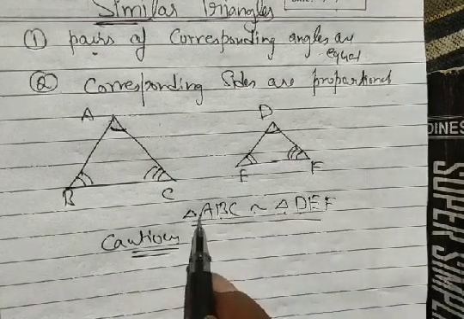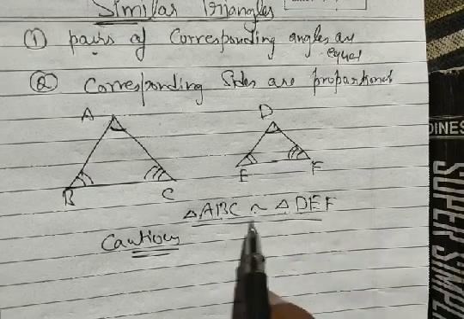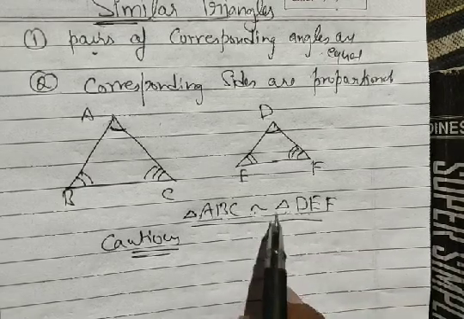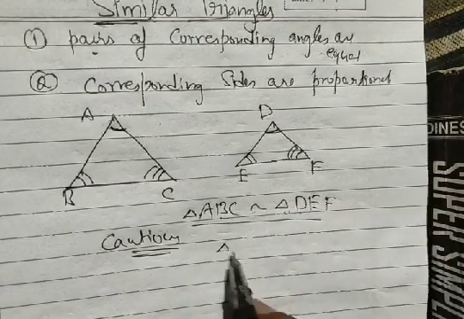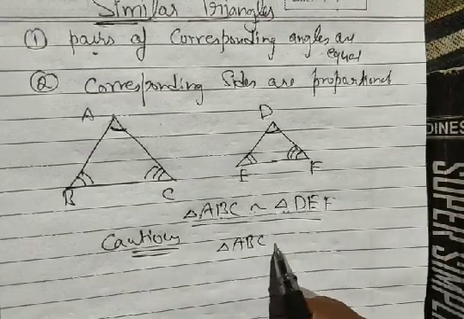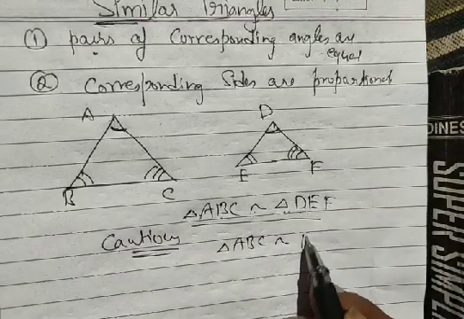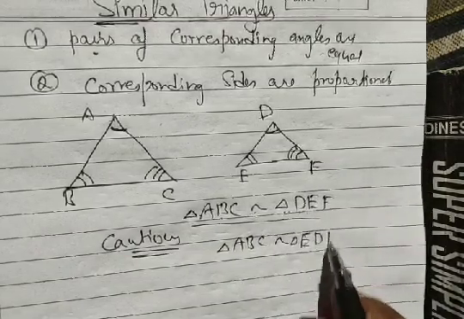What is the meaning of triangle ABC similar to triangle DEF? It means the vertices are written in the order in which angles are equal. We cannot write triangle ABC is similar to triangle EDF.